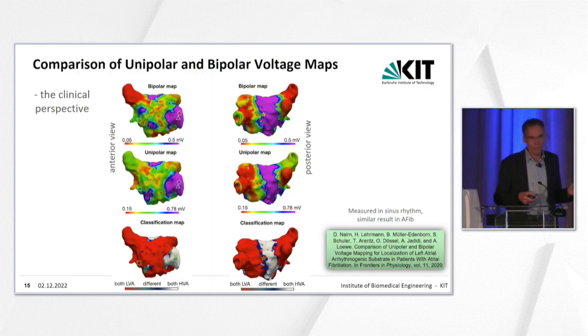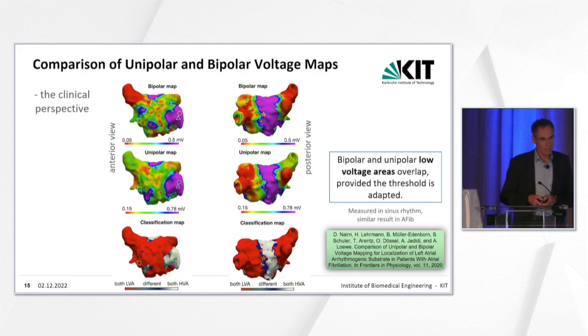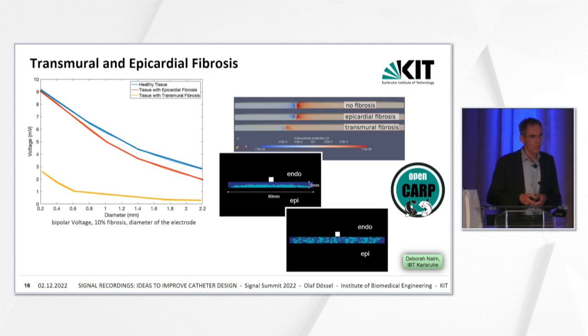But if you want to agree worldwide on a threshold, then you have to decide whether you look to the unipolar or the bipolar, and you have even to agree on some adjustment referring to the catheter that you use, referring to the metal that is in the catheter, and so on. So you have to adjust the threshold for multi-center studies, but otherwise you can use unipolar or other voltage maps.